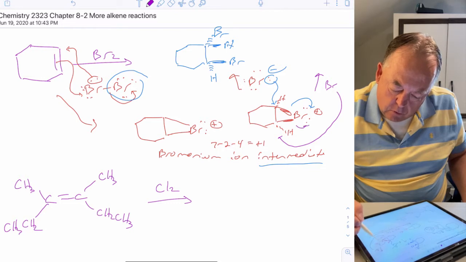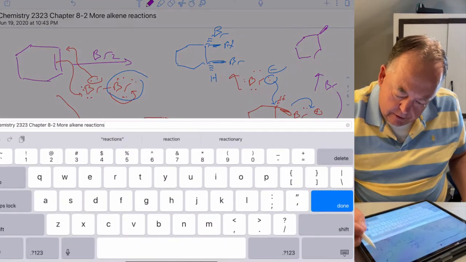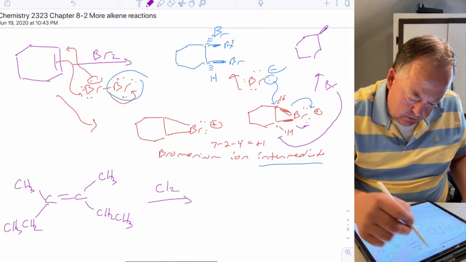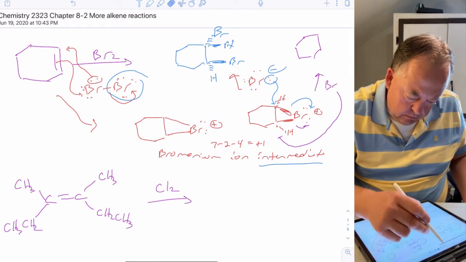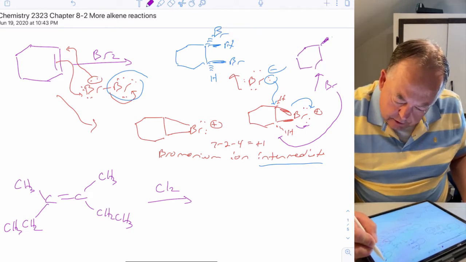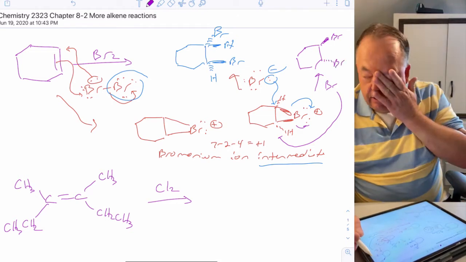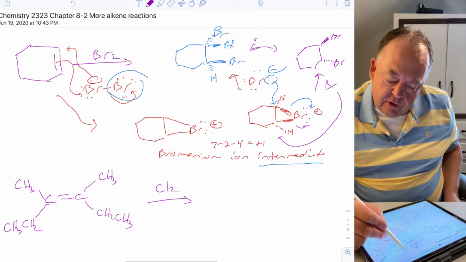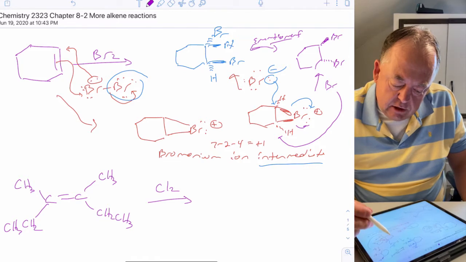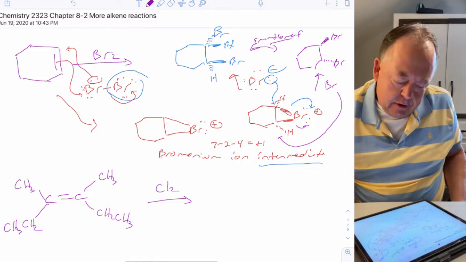And if you opened it up that way, then you would have the original bromine still on top and the bromine that came in on bottom, and those 2 molecules would be enantiomers of each other. So you make both, but the point is the 2 bromines have to add anti to each other, opposite of each other. So you have to get the trans isomer in this case.